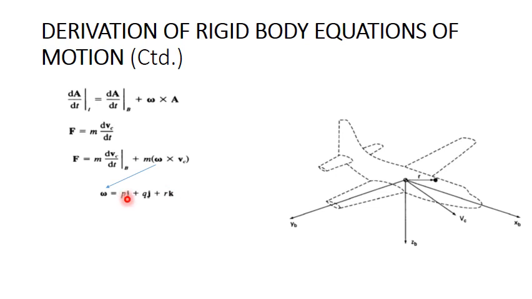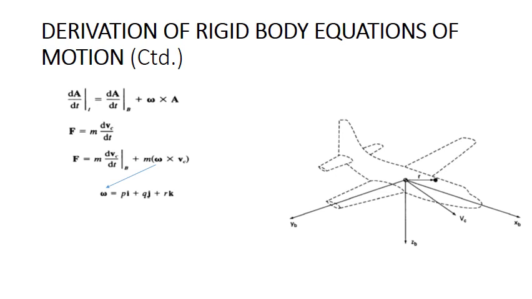So this is the roll motion around the x-axis, this is the pitching motion around the y-axis, and this is the yaw motion around the z-axis. So these are the components of the angular velocity vector of the airplane.